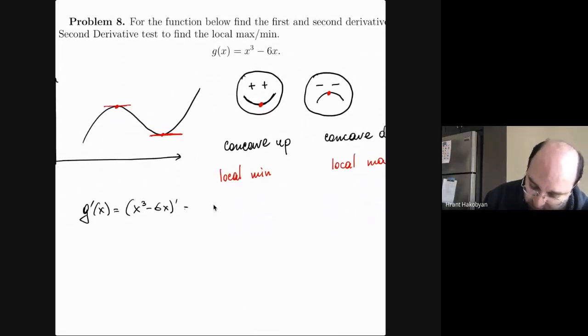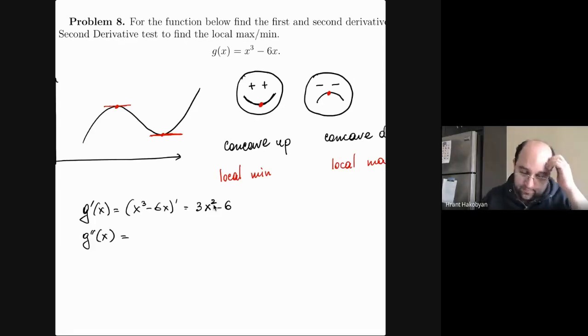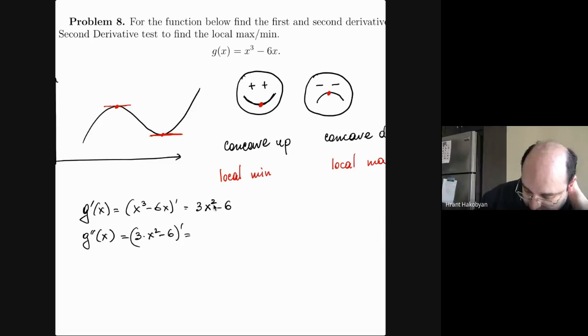So it's equal to 3 times x squared minus 6. Now let's find the second derivative. The second derivative is equal to the derivative of 3 times x squared minus 6, which is 3 times 2x, so that's just 6x.